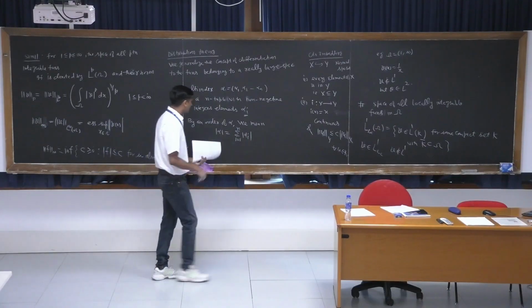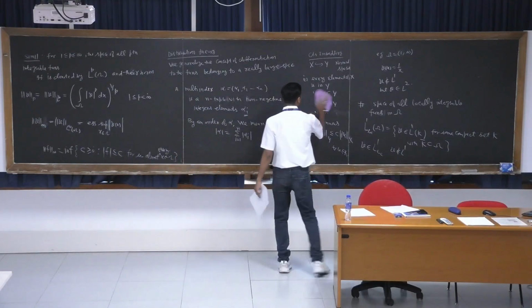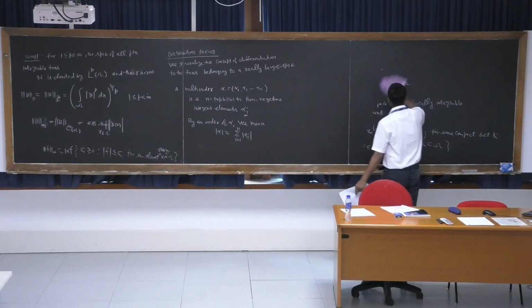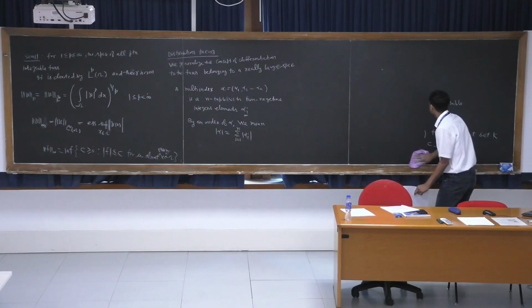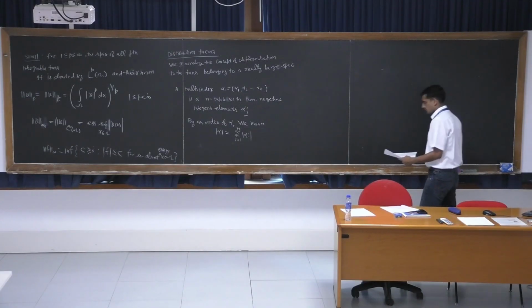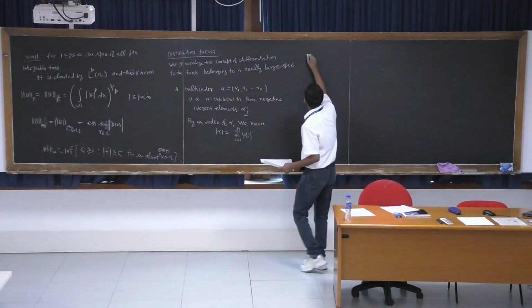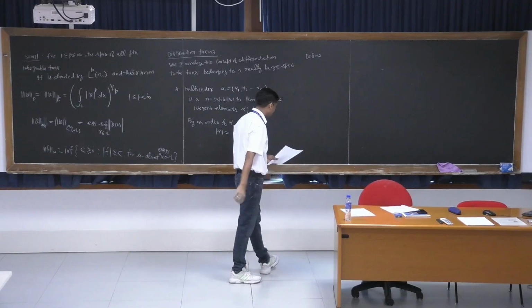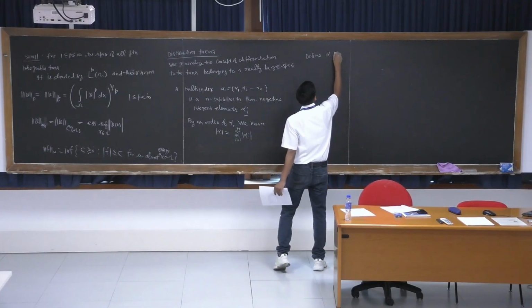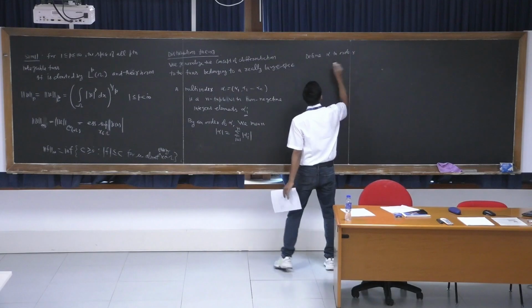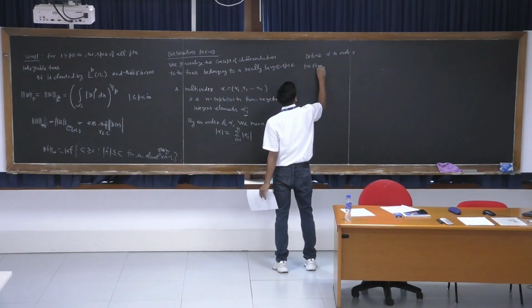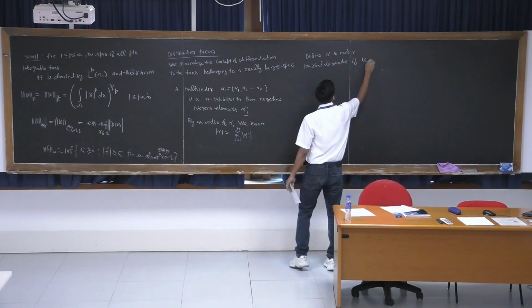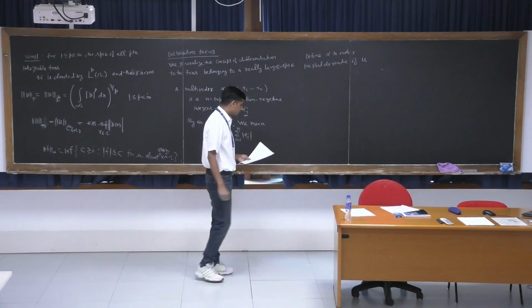Okay, so for example, I have to define the alpha-th order partial derivative of some function. How to define this? Suppose I define the alpha-th order partial derivative of a function u.